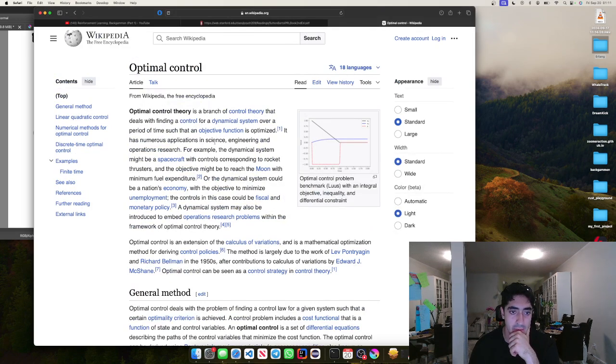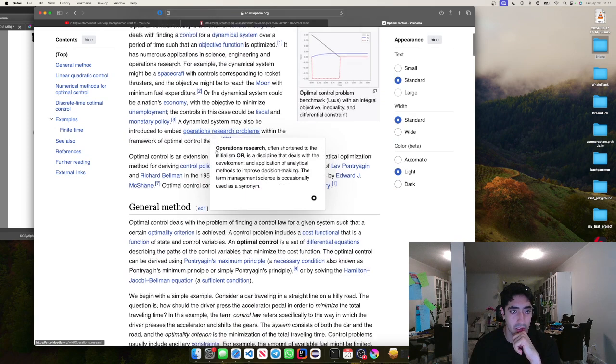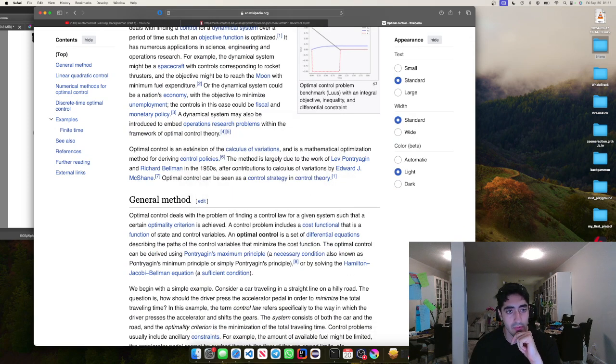It has numerous applications in science and engineering and operations research. For example, the dynamical system might be a spacecraft with controls corresponding to rocket thrusters, and the objective might be to reach the moon with minimal fuel expenditure. Or the dynamical system could be a nation's economy, and the objective to minimize unemployment.